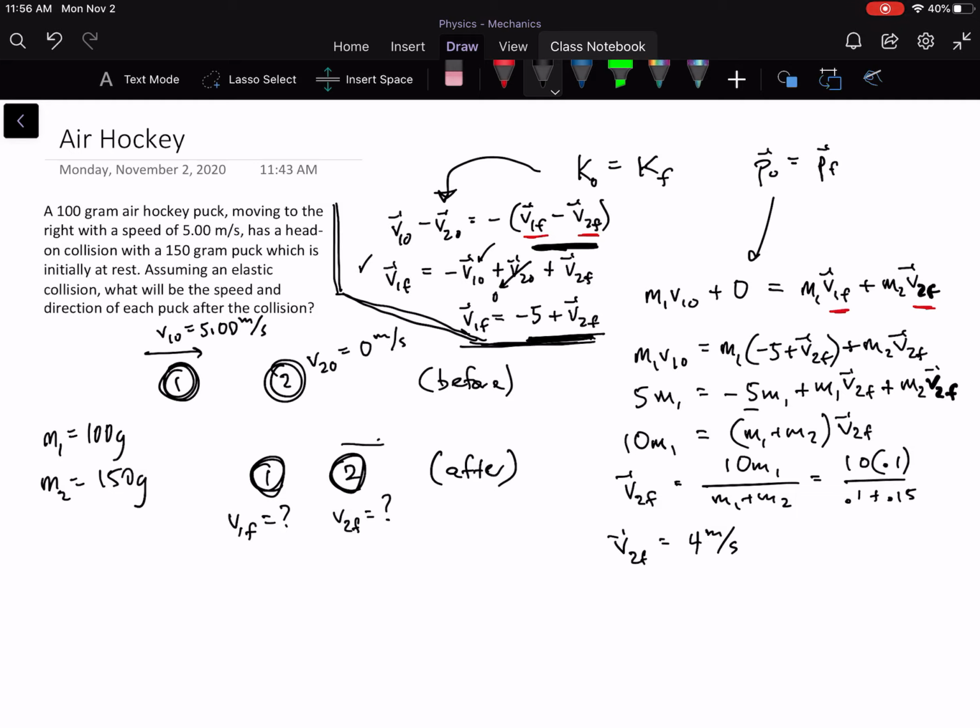So this should be 4 meters per second to the right. So there's one of our answers. Just to make it explicit, to the right is positive, to the left is negative.